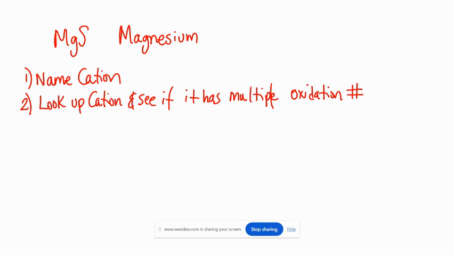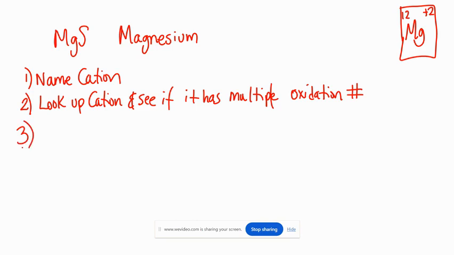So magnesium, when we look it up on the periodic table, it's Mg, has a 12, and it has a +2 here. There is only one oxidation number there. If it has multiple oxidation numbers, then we're going to do something else. We're going to leave a spot here to fill that in. That's going to be step 3.